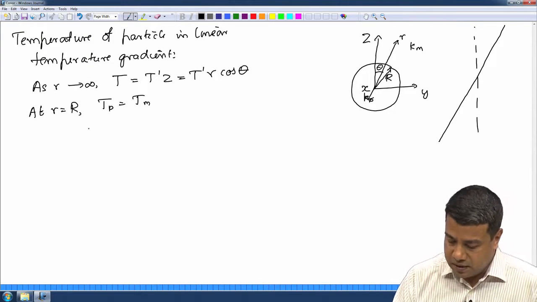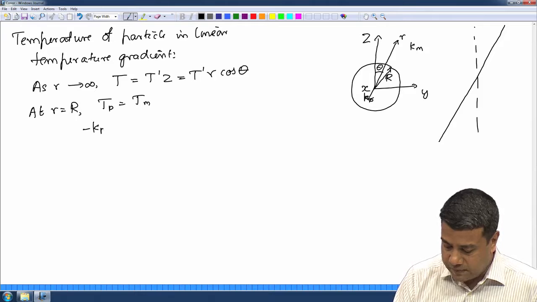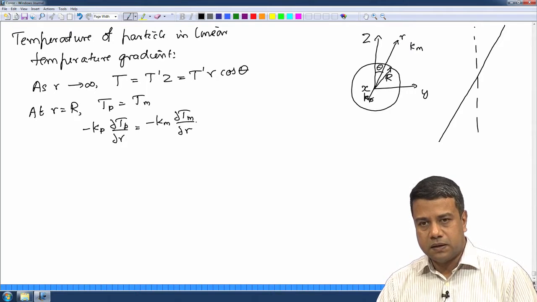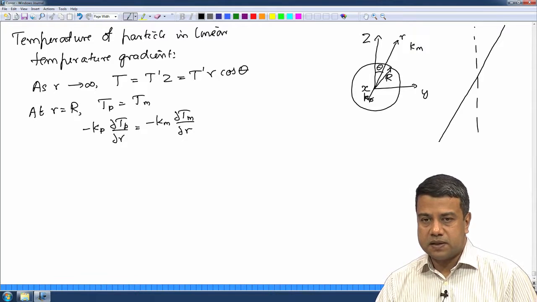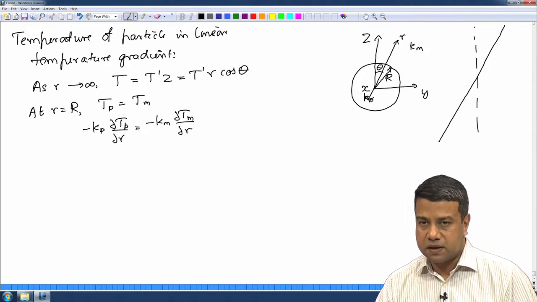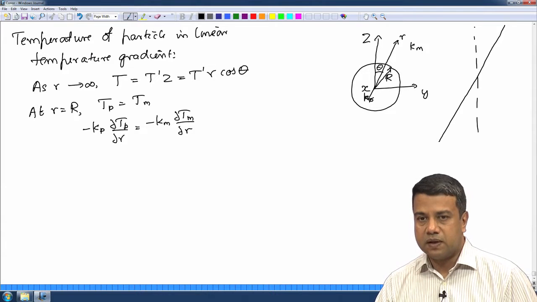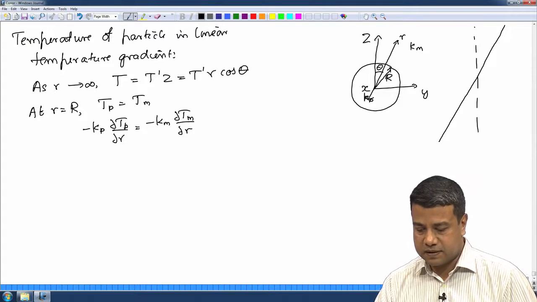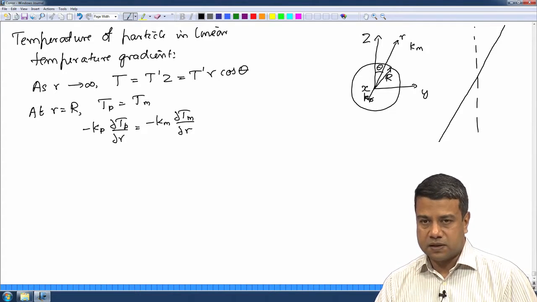Therefore, I require that minus k particle times partial T particle by partial r is equal to minus k matrix times partial T matrix by partial r. Note that I have applied the flux balance in the radial direction, perpendicular to the surface, because it is only the flux in that direction that changes the energy on either side of this spherical surface. So, these are the boundary conditions.